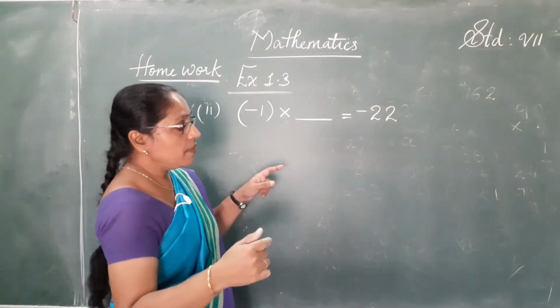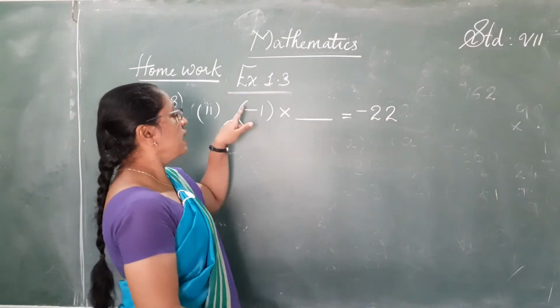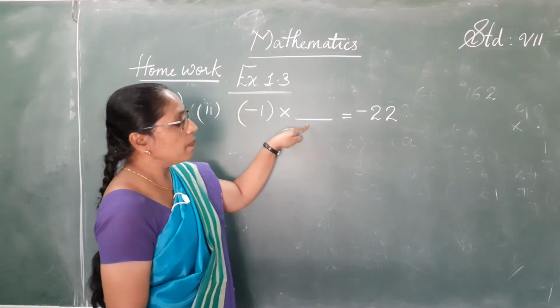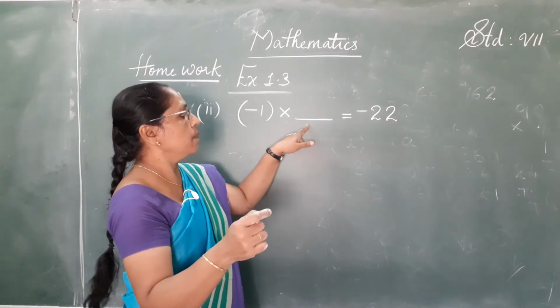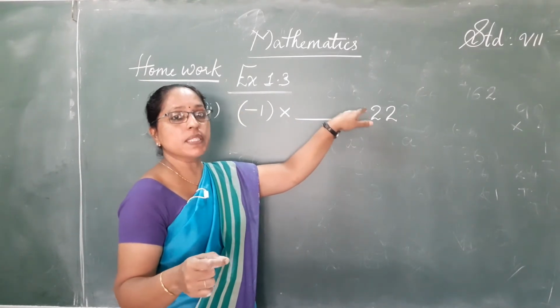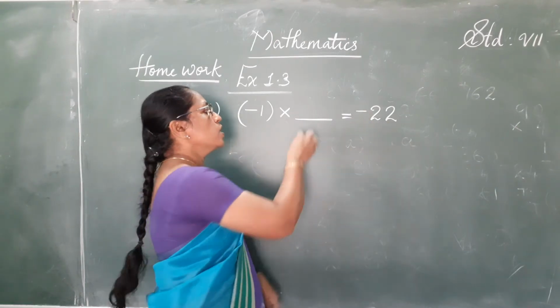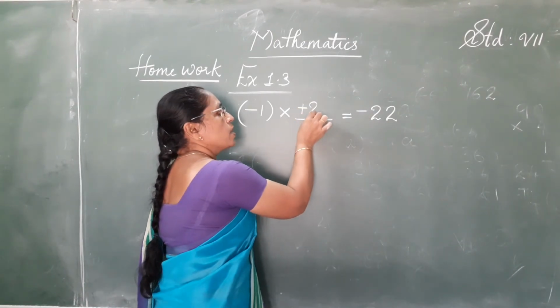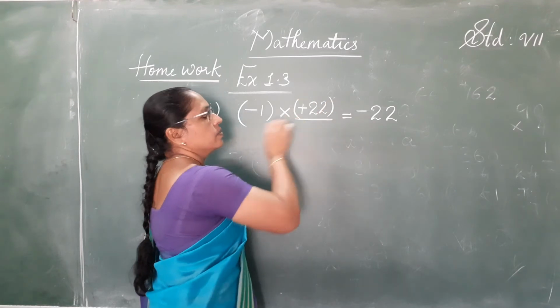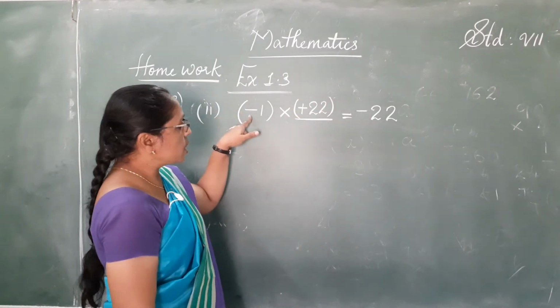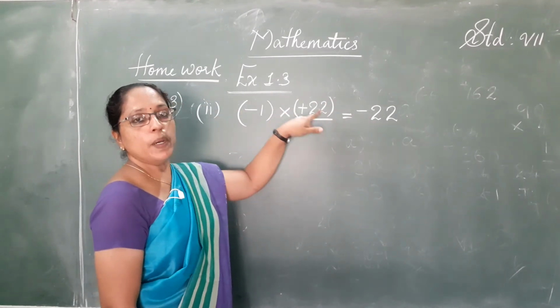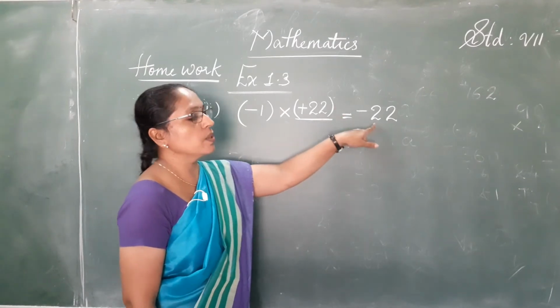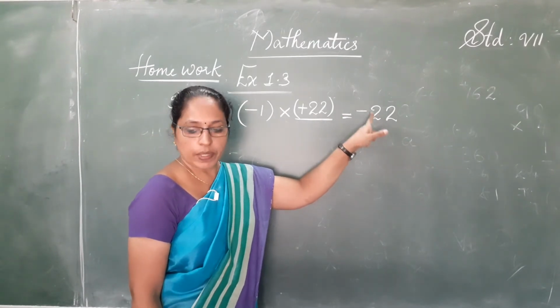What did we see in the previous part? When negative 1 is multiplied by a positive number, then only the answer comes negative. So what should be multiplied here? Positive 22. Check the answer: negative 1 into positive 22 gives you the answer negative 22.